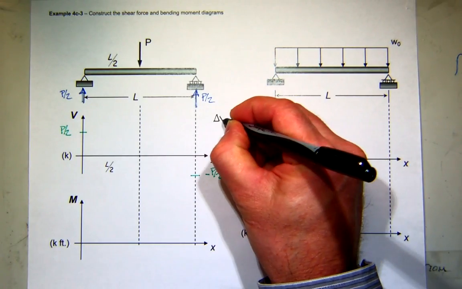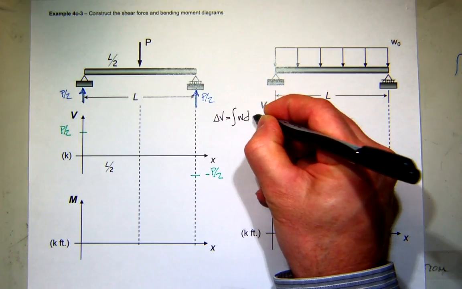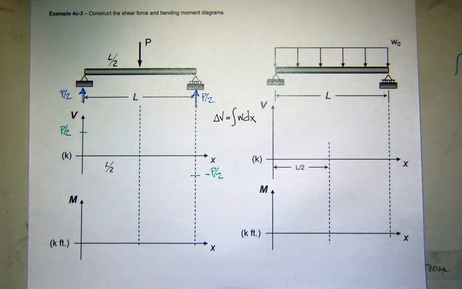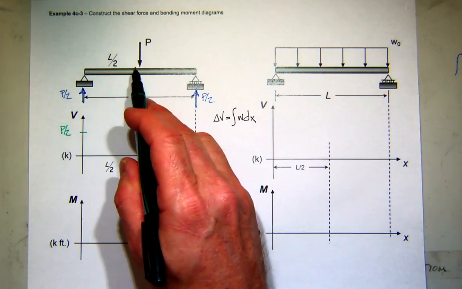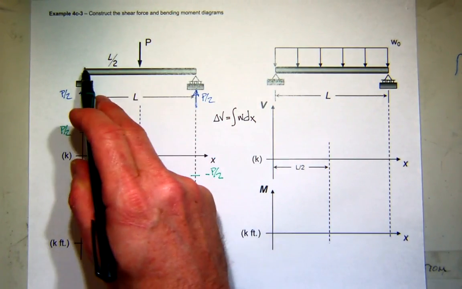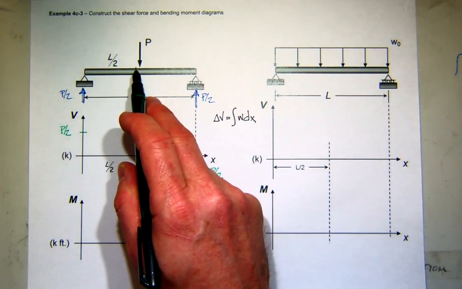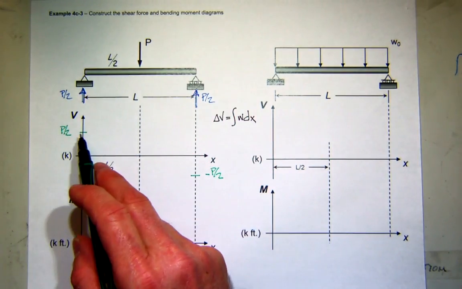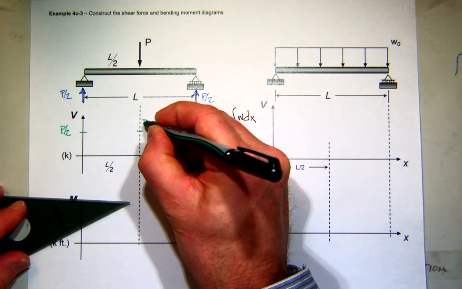Change in shear is the area under the load diagram. So looking at the change in shear from 0 to L over 2, I'm not going to consider this yet. Let's just look at this first piece. So over the first section, what's the load? 0. So that means there's no change. If I start at P over 2, I should end at P over 2.